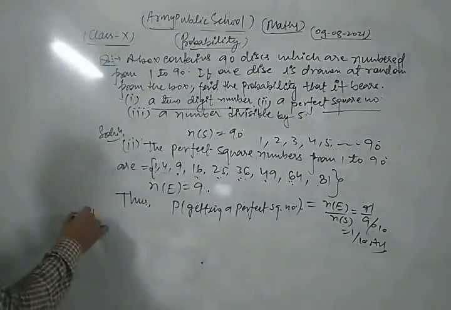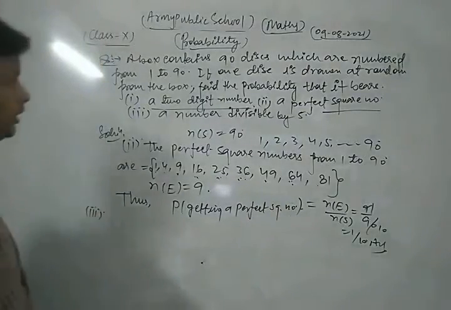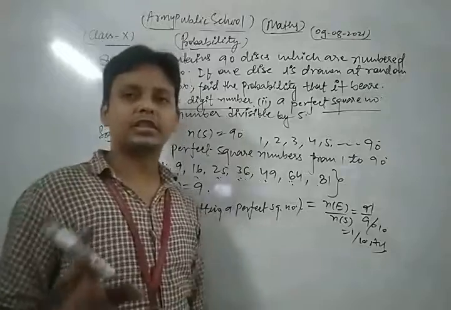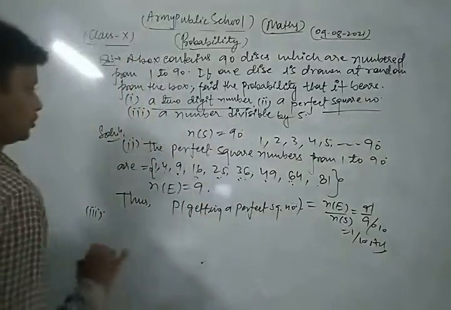Let's see, the third part of this question. First of all, we find those numbers which are divisible by 5.